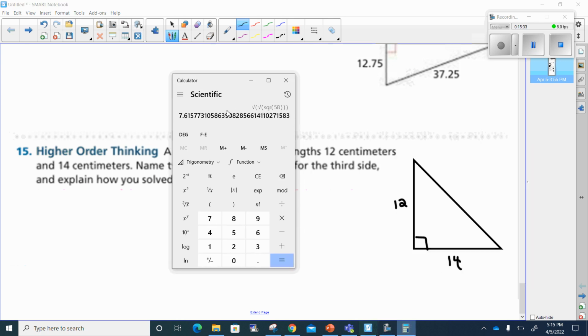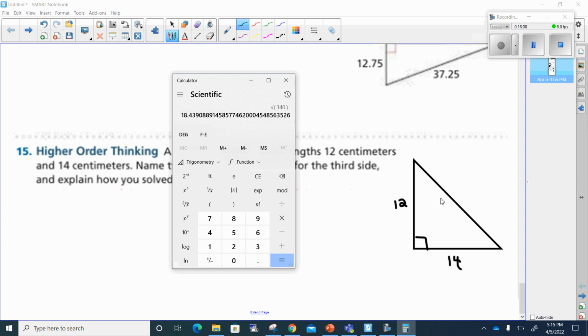So I'm going to take my 12, square it, add it to my 14, square it. That's going to equal 340. And when I find the square root of 340, that gives me about 18.4.